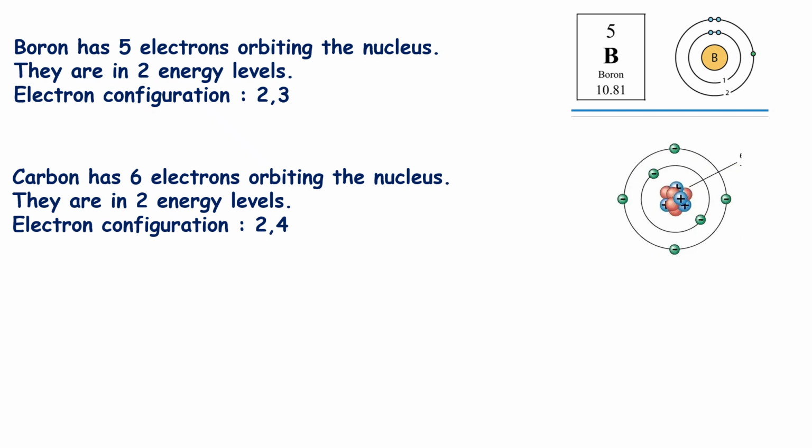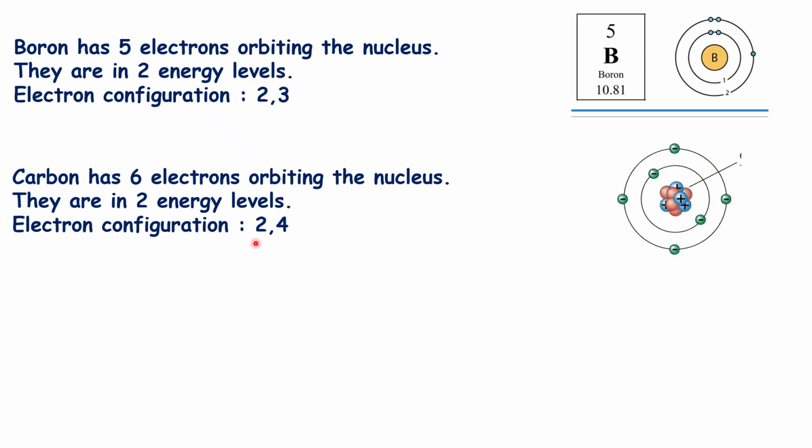Now carbon. You know carbon as coal. الفحم مكون من الكربون. Carbon atom has 6 electrons because it has 6 protons in the nucleus and 6 electrons in the energy levels. The 6 electrons are in 2 energy levels. The first is complete with only 2 electrons, and the 4 electrons are placed in the next energy level.